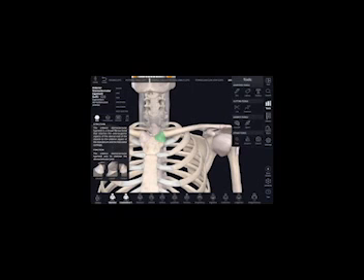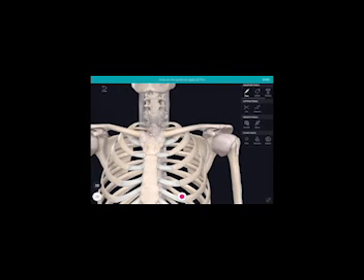This joint creates 3 degrees of movement, which means that when you do shoulder abduction, bringing your arm up to your head, this particular joint has to move as well. How it moves is that it goes up as you do shoulder abduction, and when you bring your arm down, it comes down. So that's the first degree of movement.